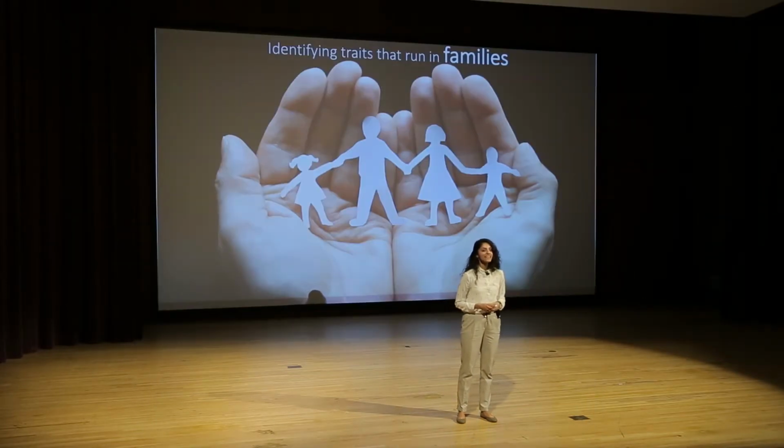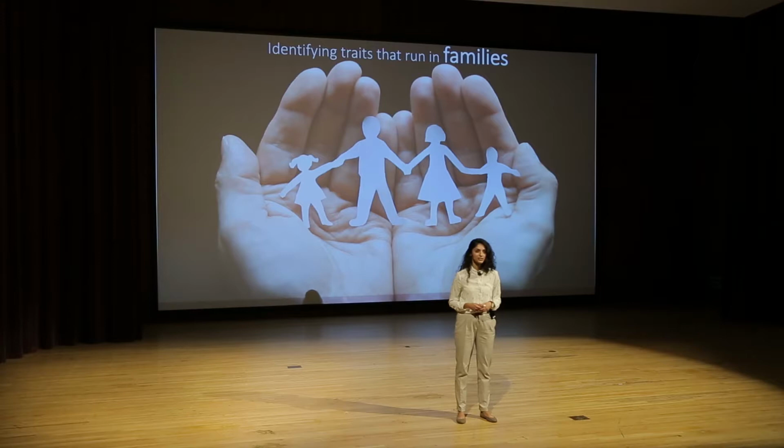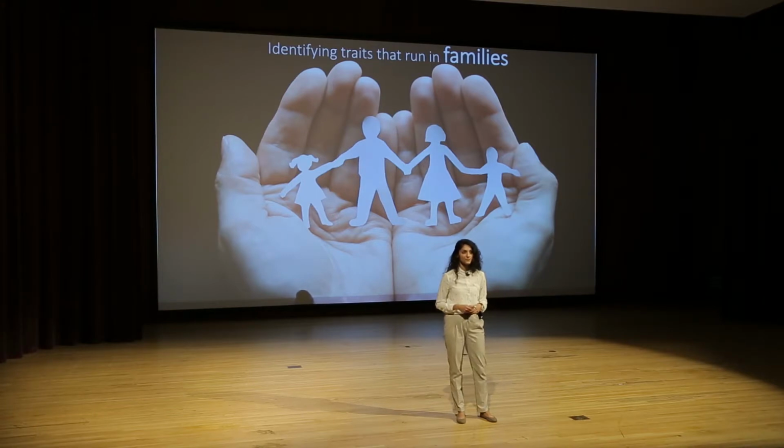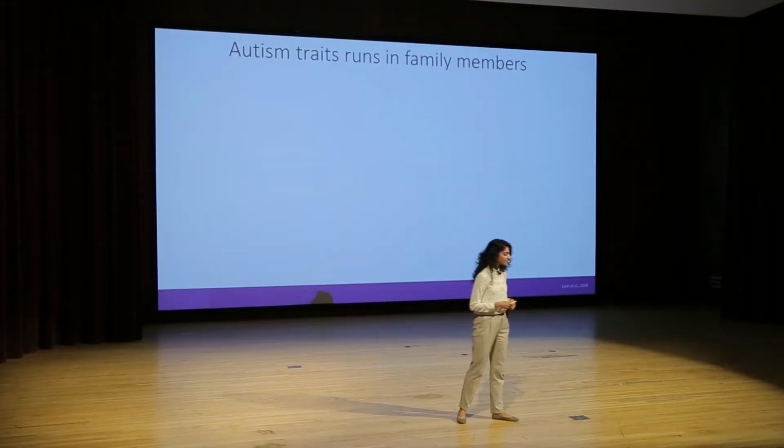Simple, by studying how traits run in family members of individuals with autism. Recent work has shown that social difficulties, which again is a core impairment of autism, are also seen in more subtle forms in parents of individuals with autism.